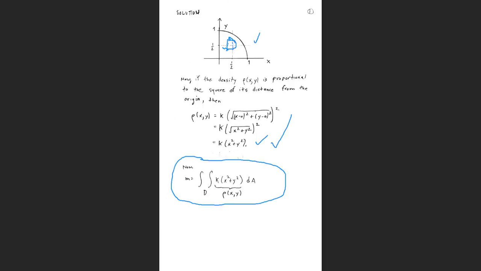Okay. I chose to use polar coordinates, and I'll mention this before. At this stage, because I have region D here and I have dA here, I'm not committed to whether I'm going to integrate with respect to rectangular coordinates or polar coordinates.